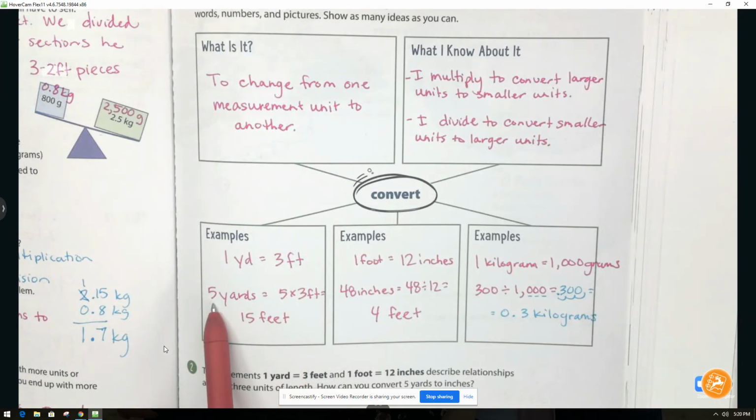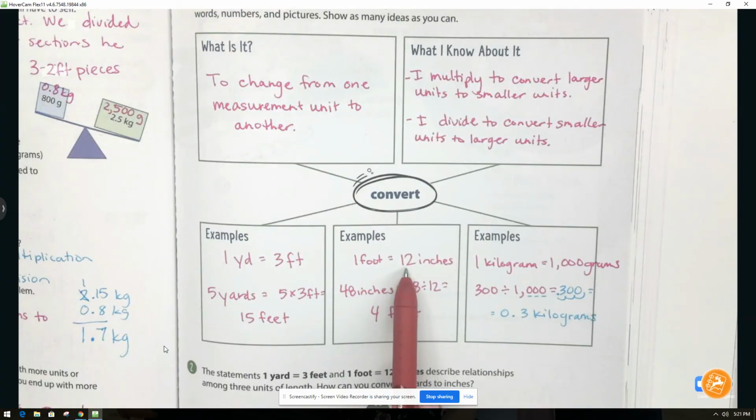Some examples of converting would be, I know that 1 yard is equal to 3 feet. So that means that if I had 5 yards, I would multiply my 5 yards times 3 feet, because there are 3 feet in 1 yard, to get a total of 15 feet. So 5 yards is equivalent or equal to 15 feet. I know that 1 foot is equal to 12 inches.